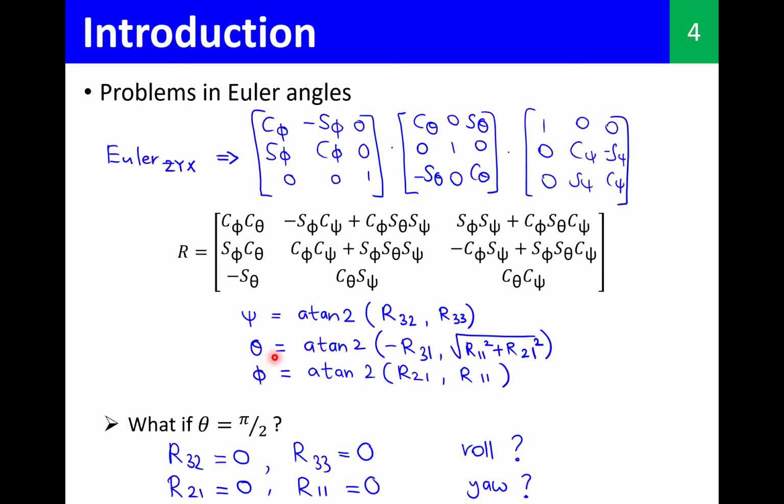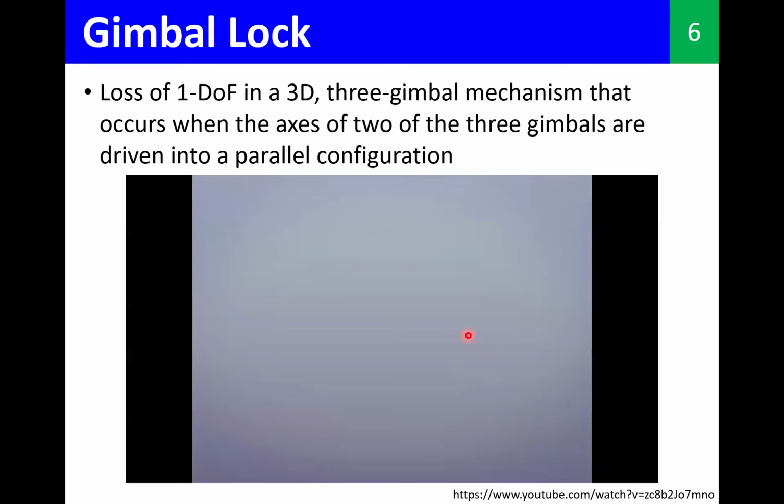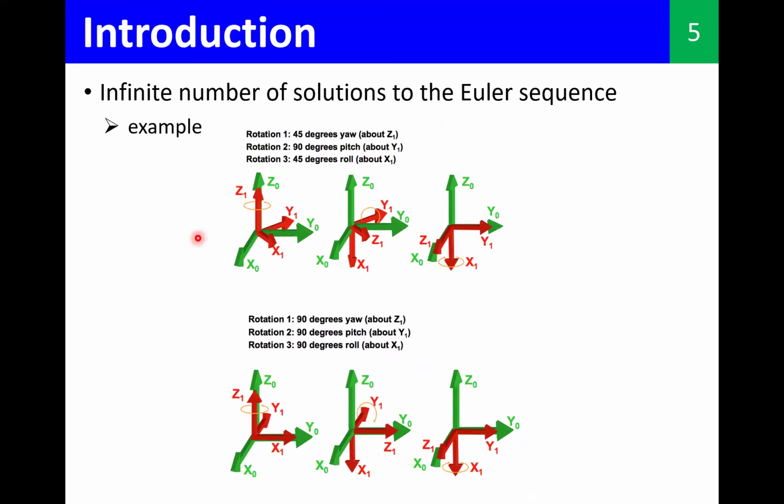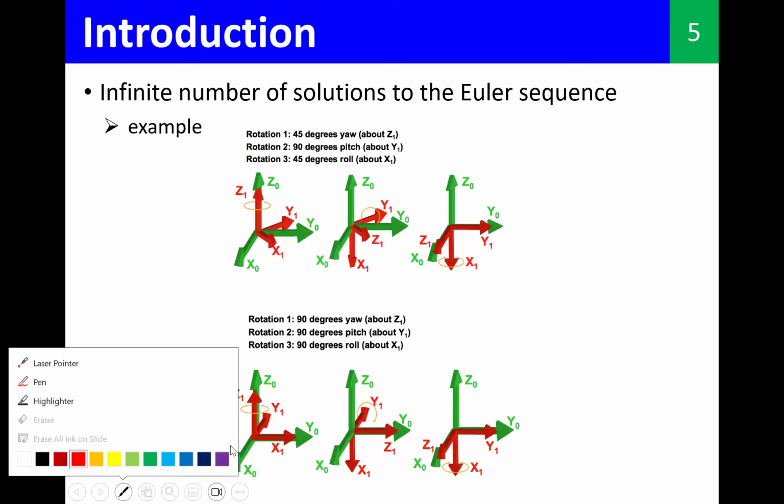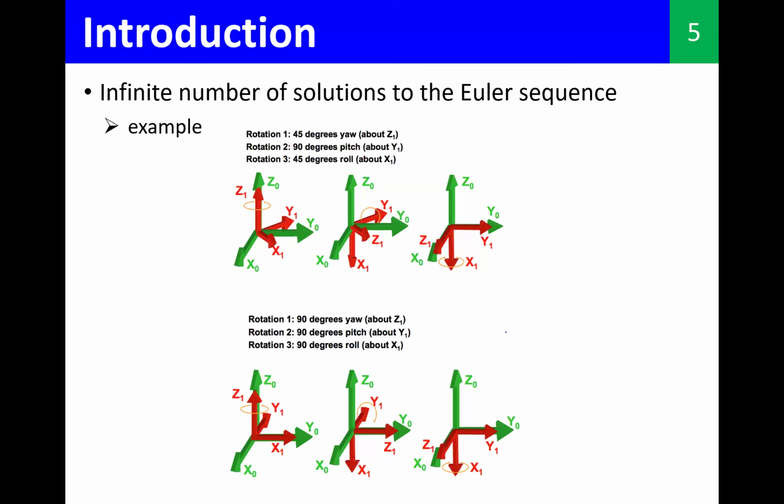So this we call the gimbal lock problem, right? Given, let's say, a particular final rotation matrix given by 0, 0, minus 1, 0, 1, 0, 1, 0, 0.